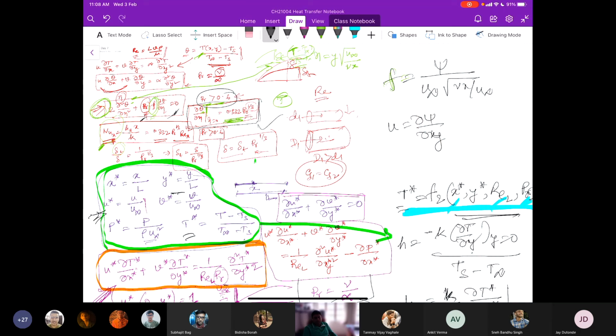The relation is that v is equal to minus of this thing, where psi is called the stream function.